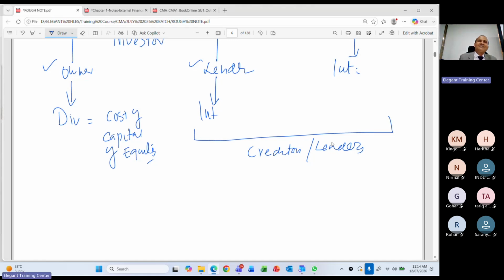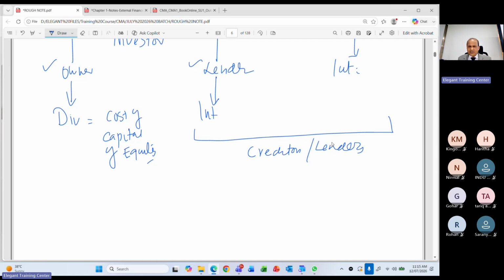Lender. And we did not know till now. We used to think creditor means our supplier. But creditor in the bigger sense does not include suppliers only. Creditor also includes bondholders and banks.